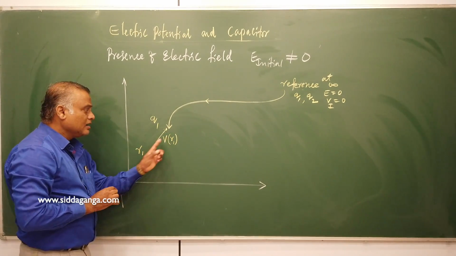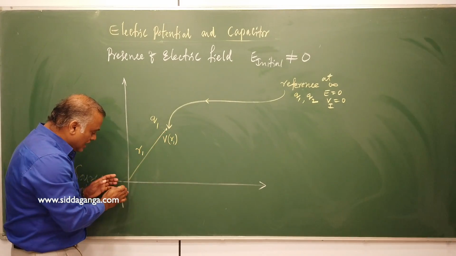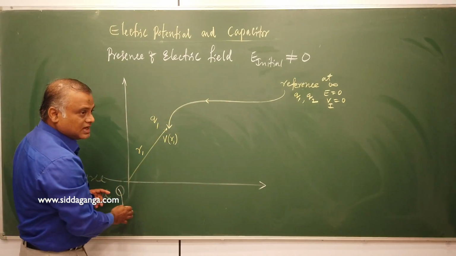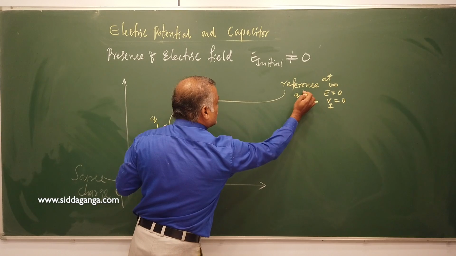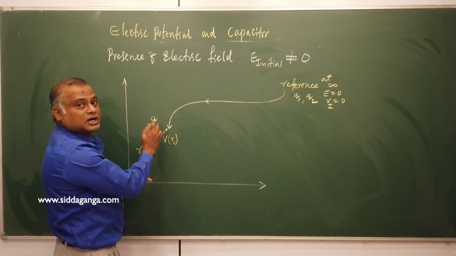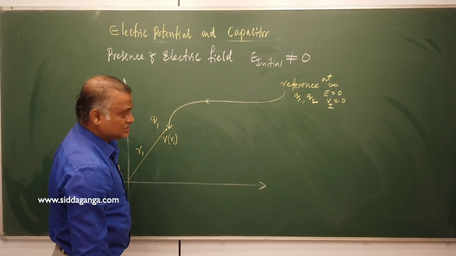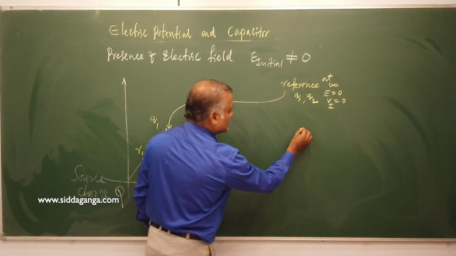Do you feel that potential is zero? No. Because of this charge, some field is there, and the work done carrying this Q1 charge from infinity to this point will be stored as some potential energy. Therefore, work done is W1.